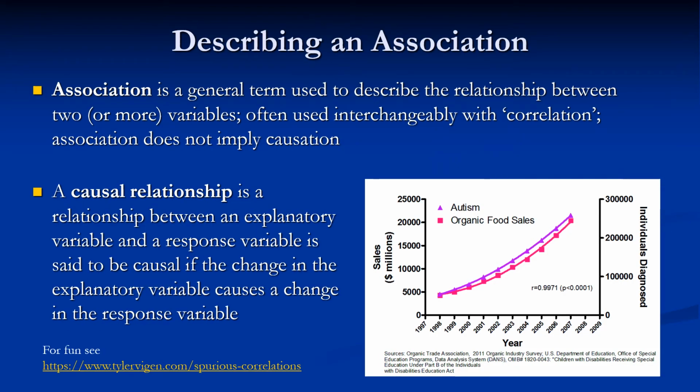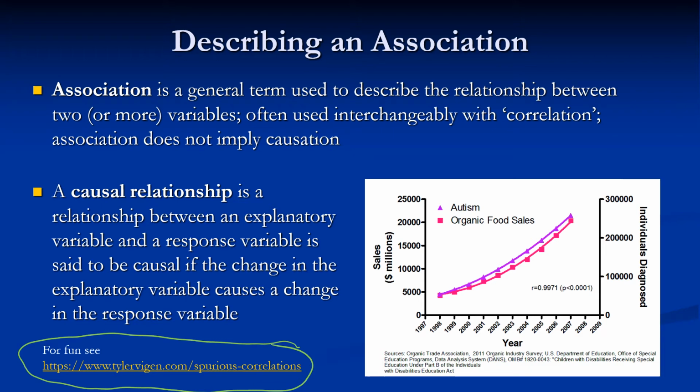Now, an association is a general term that's used to describe the relationship between two or more variables. It's often used interchangeably with correlation. However, it's important to know that association does not imply causation. There's an interesting website called Spurious Correlations, and you can find a few good ones.